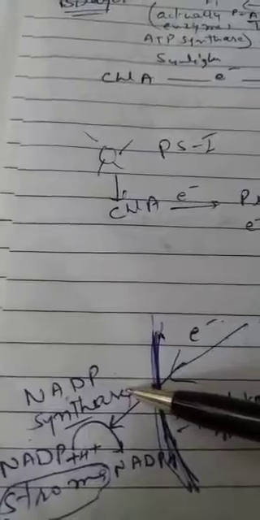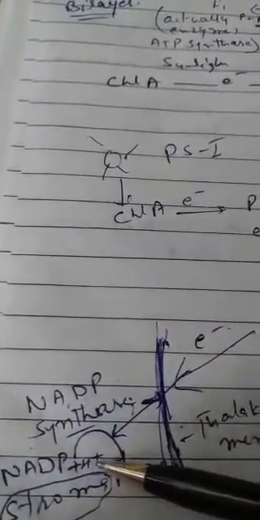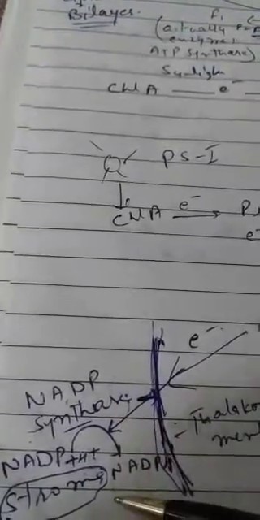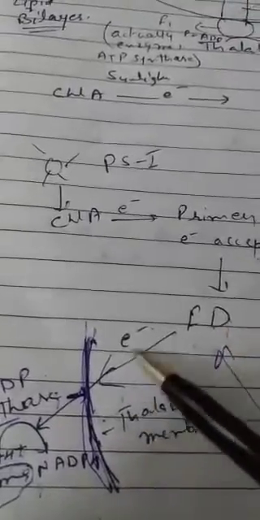This enzyme helps to convert NADP plus H to NADPH, and this process occurs in the stroma, outside your thylakoid. The electrons moving through the FD system are given to NADP and converted into NADPH, which is used in the dark reaction.